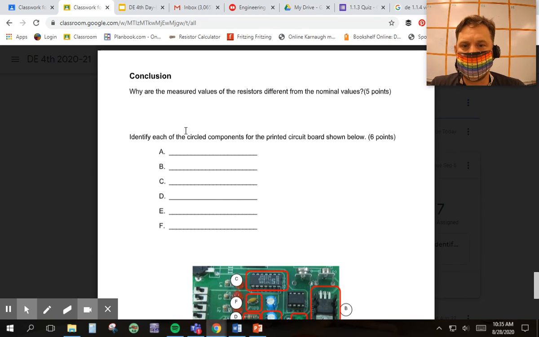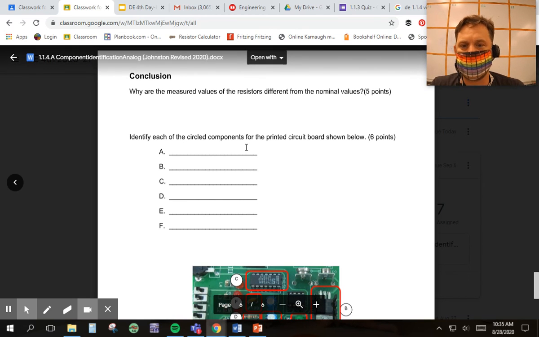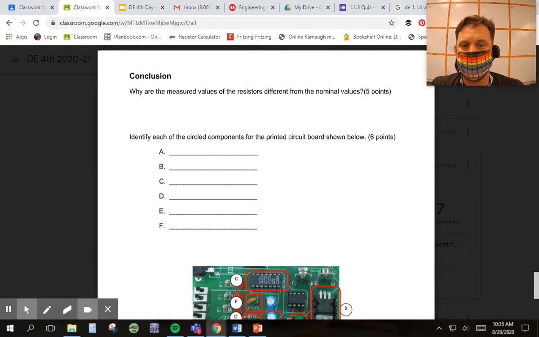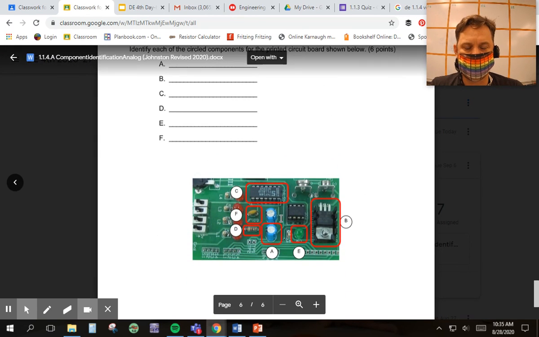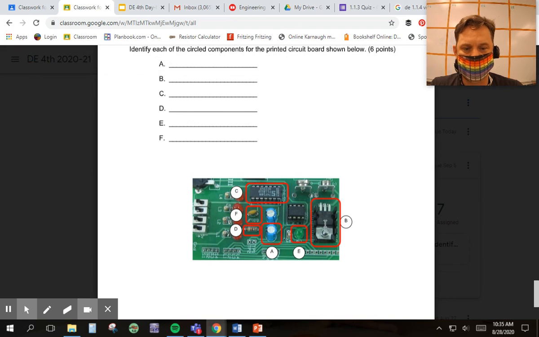And so it says, what's the difference of the values of the nominal value? Okay, so if we measured something, why would it be a little bit different if we actually measured that resistor? Try to think about a reason why it might be a little different, going back to IED and precision and those types of things. And then here's that chart that you've got to identify all those things on.